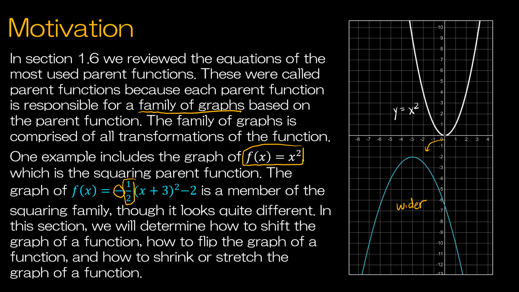The vertex of my new graph is at -3, -2, and I can see that I have a plus 3 here, and I have a minus 2 here. So again, these are all things that we're going to learn about in detail in just a few moments, but this is our motivation behind learning about the transformation of functions.